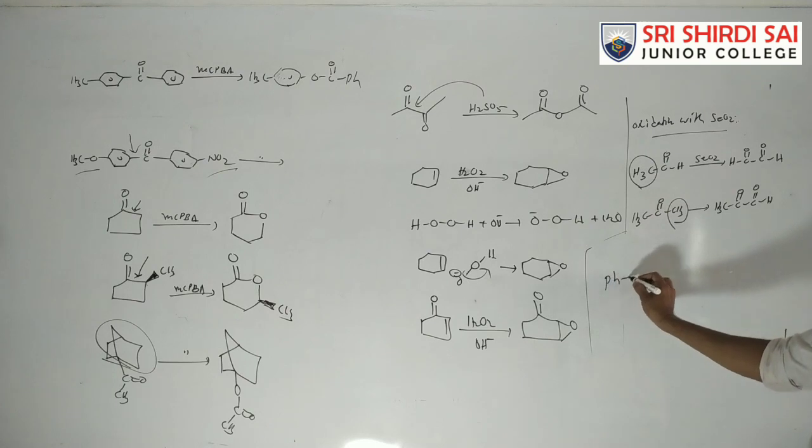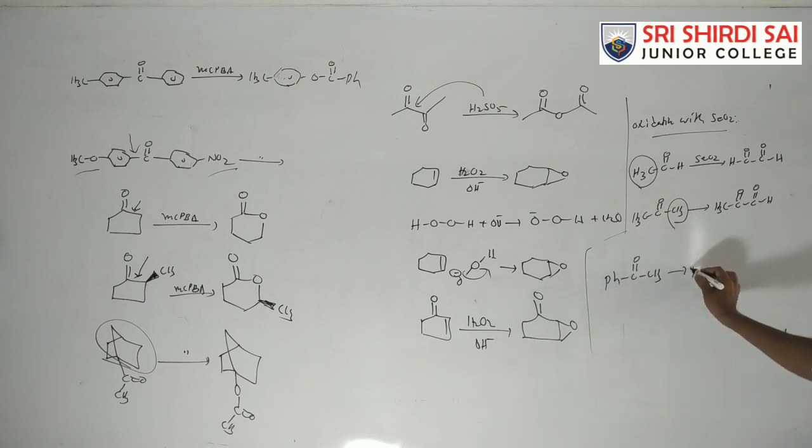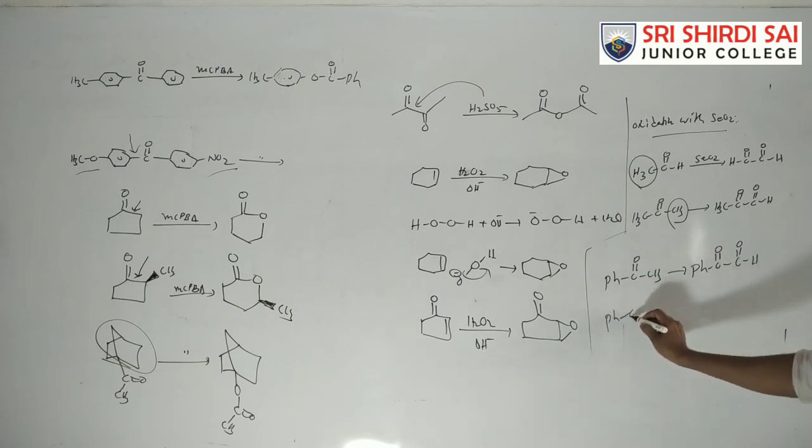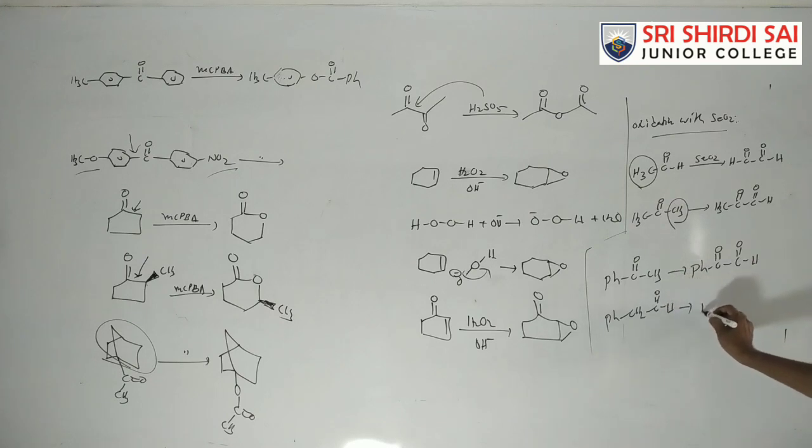Next, suppose acetophenone, PhC double bond O CH3, on treating with selenium dioxide is converted to CO and C double bond OH. Or suppose Ph CH2 double bond OH, this one also on treating with selenium dioxide produces a dicarbonyl compound.